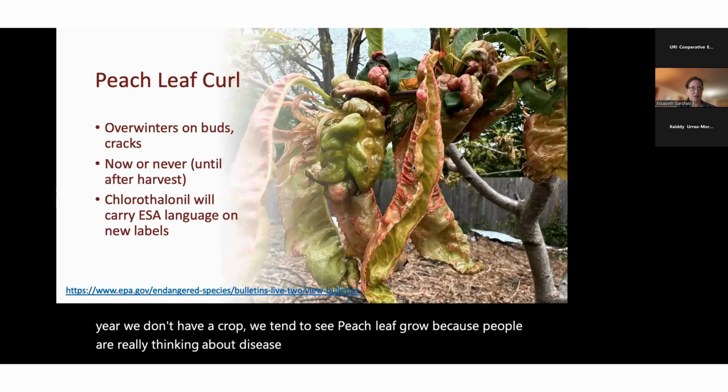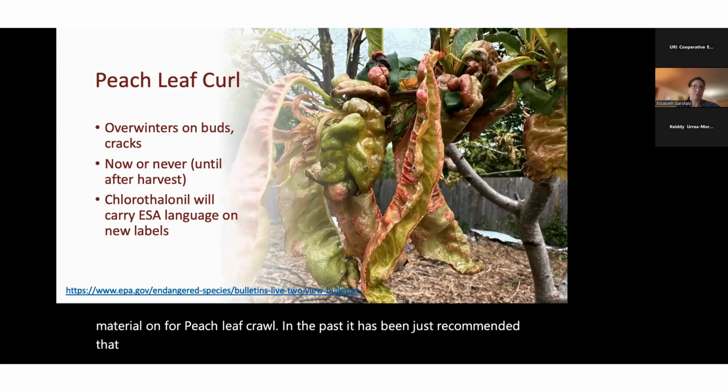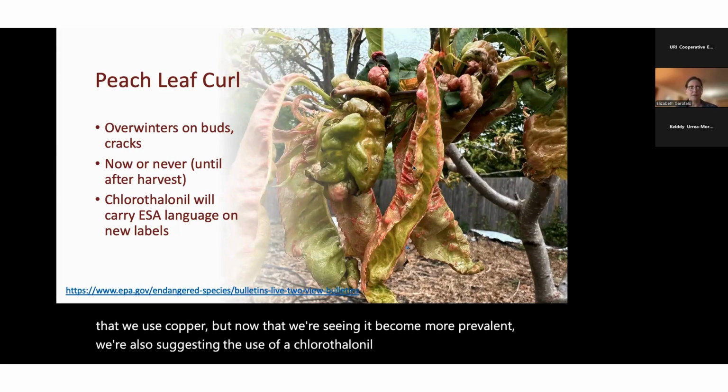So right now, depending on your site-specific situation, you may be able to get a material on for peach leaf curl. In the past, it has been just recommended that we use copper, but now that we're seeing it become more prevalent, we're also suggesting the use of a chlorothalonil like Bravo.